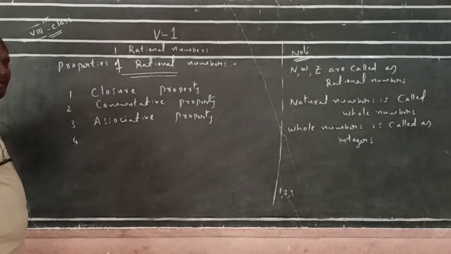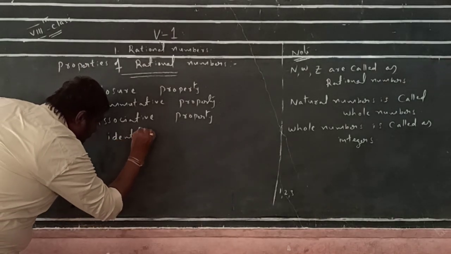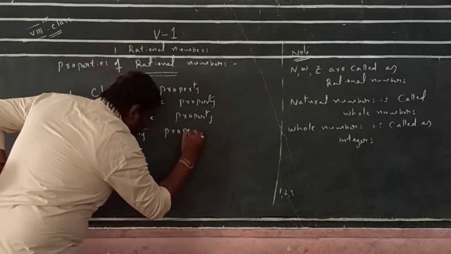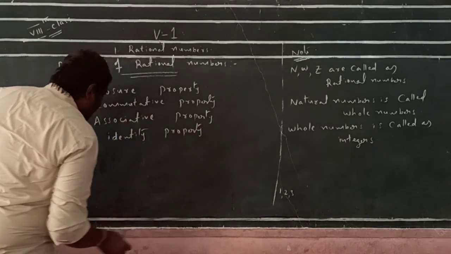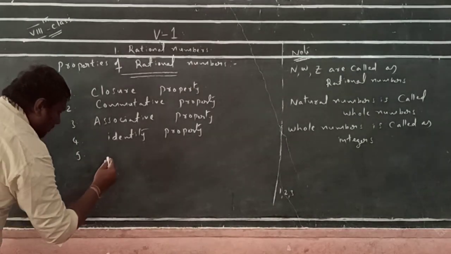Fourth one is identity property. Fifth one, inverse property.